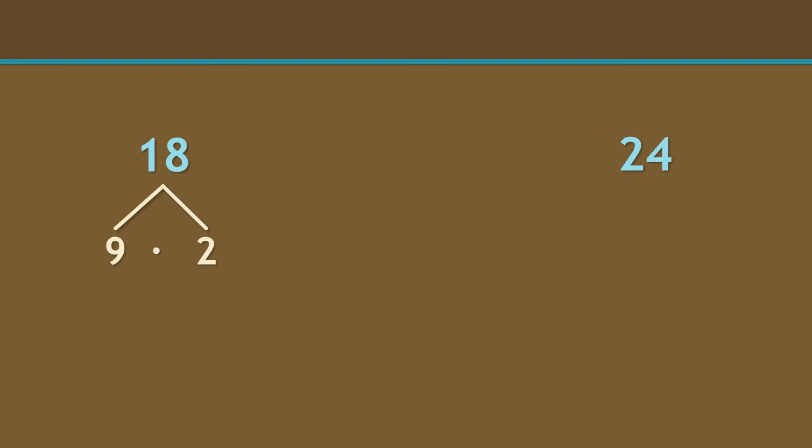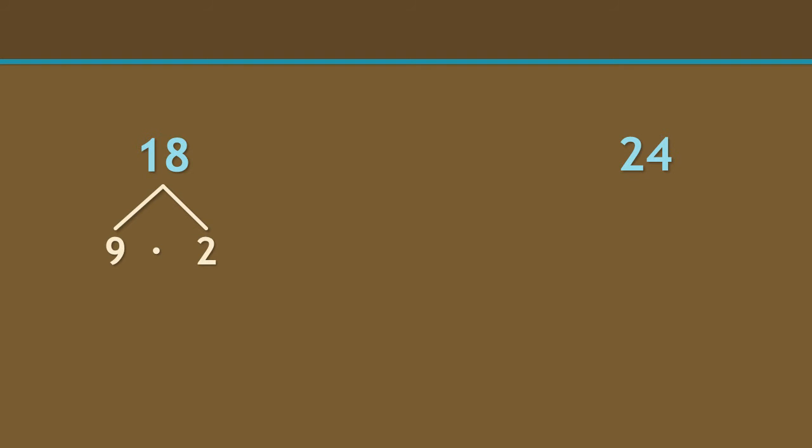Now, this is not the only set of factors that we could have used. We could have used 6 and 3. Whether you use 9 and 2 or 6 and 3, either way, your prime factorization is going to be the same. So you have options for what you can use. But we're going to use 9 and 2 to begin.